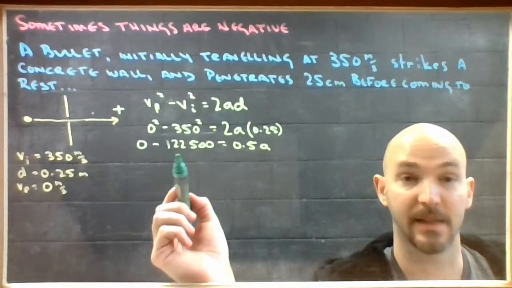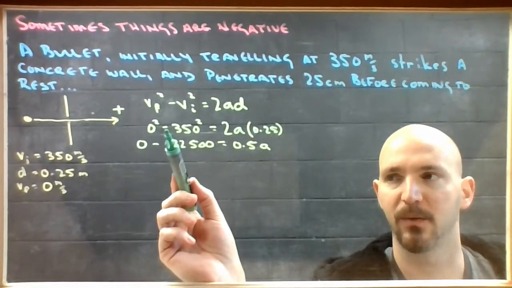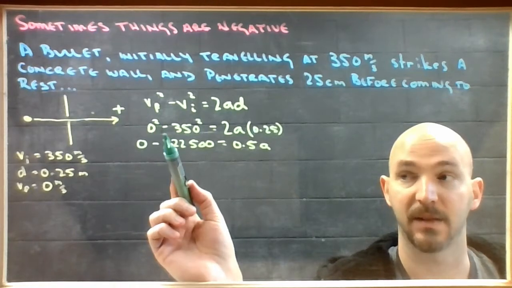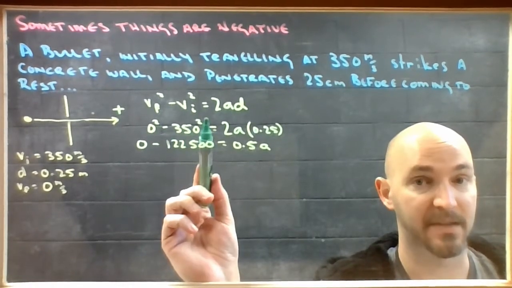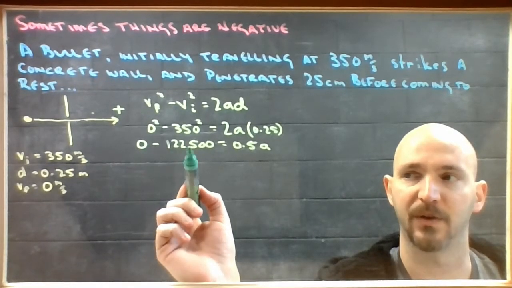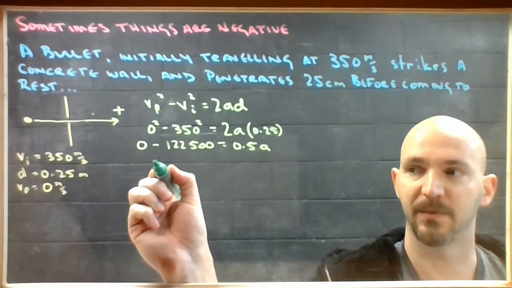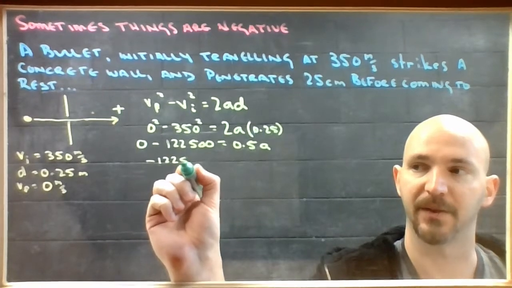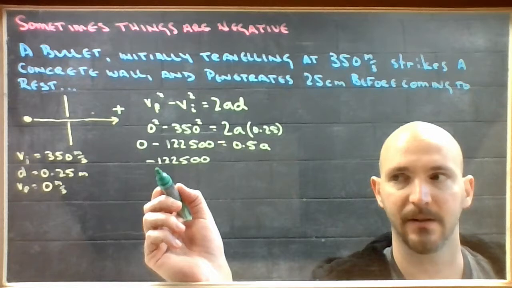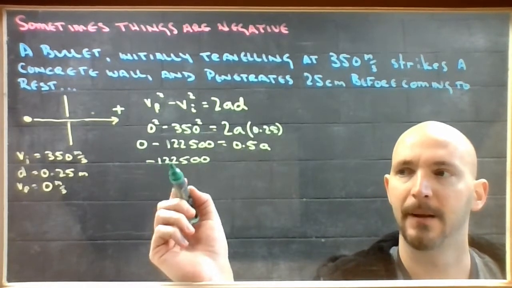Now this here, you notice that it wasn't negative 350 squared. It was the final speed subtract the initial speed squared. So I have to do 0 minus 122,500, which gives me negative 122,500. So that negative persists there. So just be careful with your algebra.